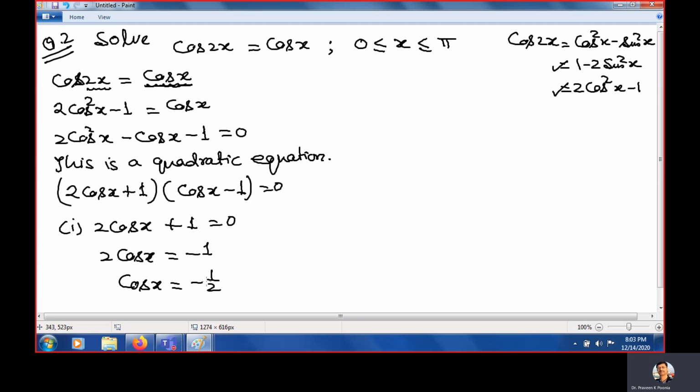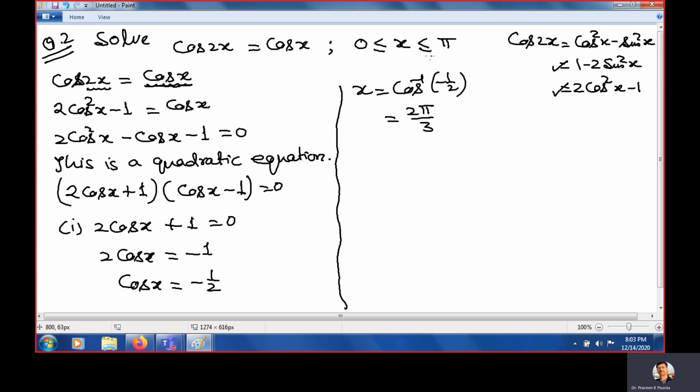Now if you take cos inverse on both sides, x will be cos inverse of minus 1 upon 2. If you solve with the help of a calculator, the answer will be 2π upon 3. This is solution number 1.